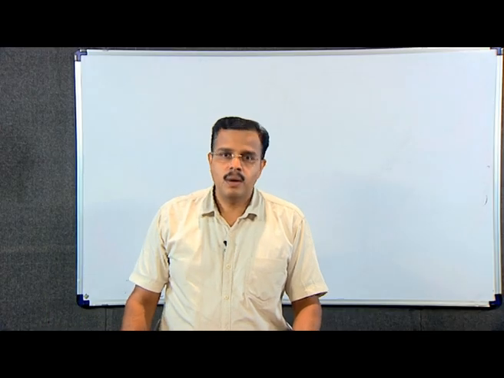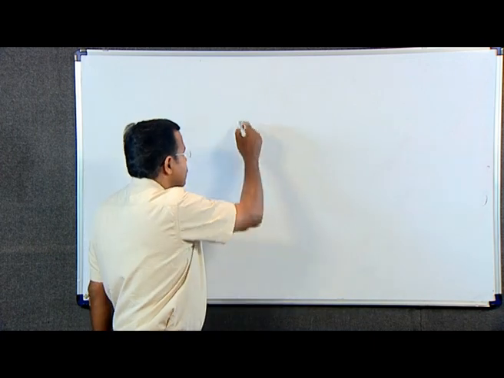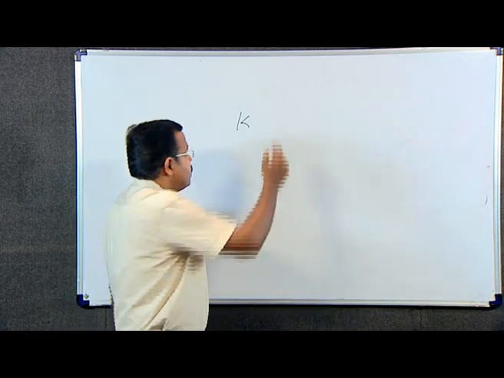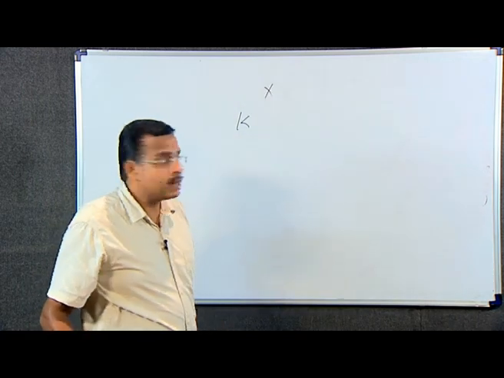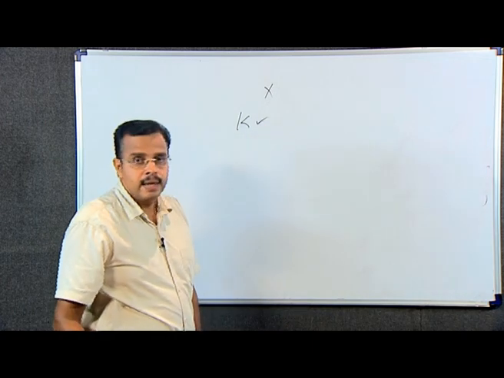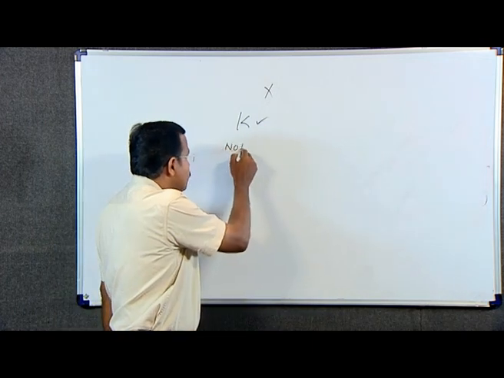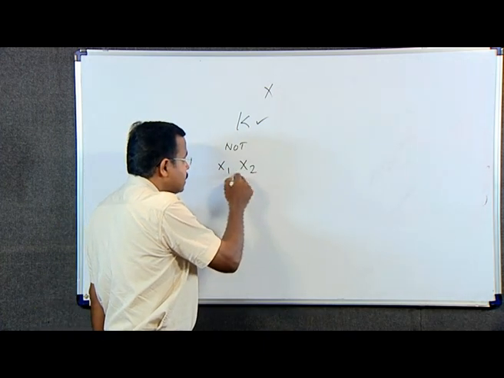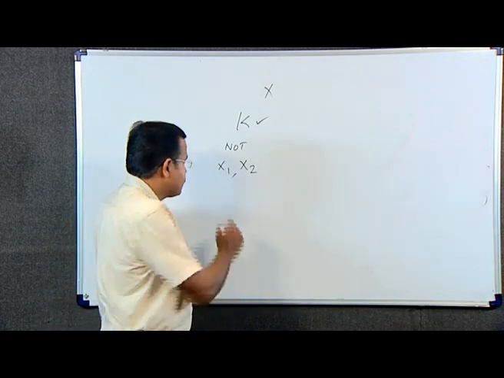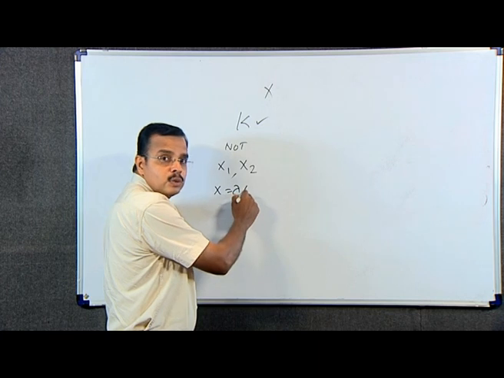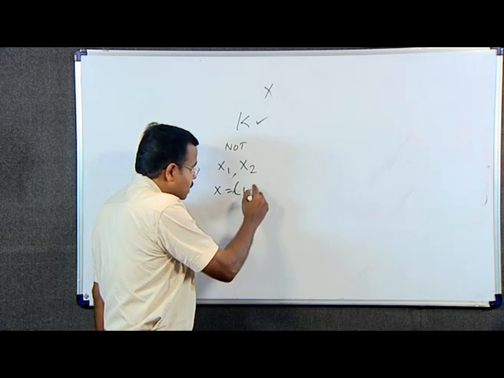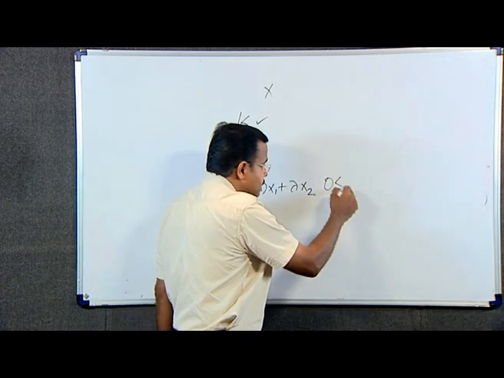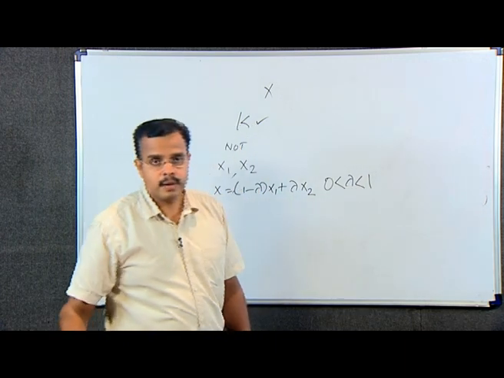A point x on a convex set K is an extreme point or vertex of the convex set K if it is not possible to find 2 points x1, x2 such that x = (1 − λ)x1 + λx2 for 0 < λ < 1.